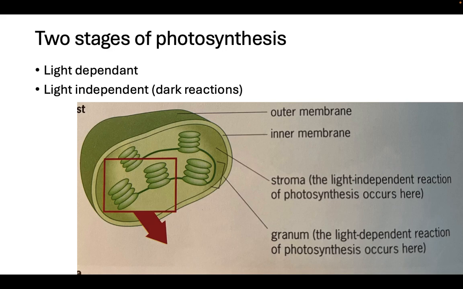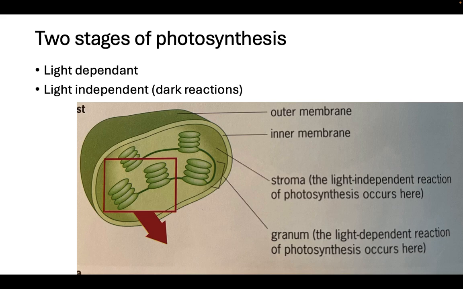The second stage is known as light independent, sometimes in some books also known as the dark stage or dark reactions, though it's not a particularly accurate way of describing these reactions, because it's not like they need to happen in darkness at night, for example. They can happen during the day. However, they do not need sunlight to happen, and that's why they're called light independent.